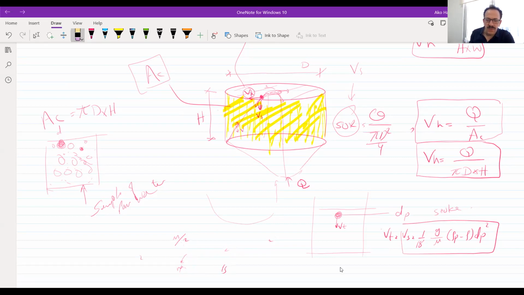Now, the theory is that a particle can have a settling velocity like this, and we have SOR, the surface overflow rate, which is expressed as a velocity.